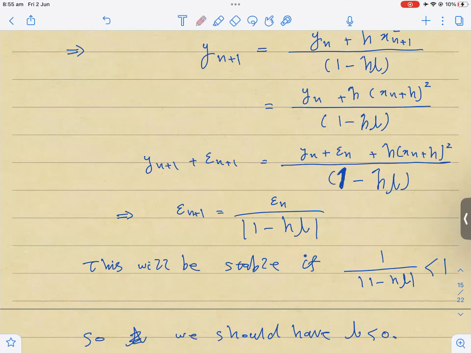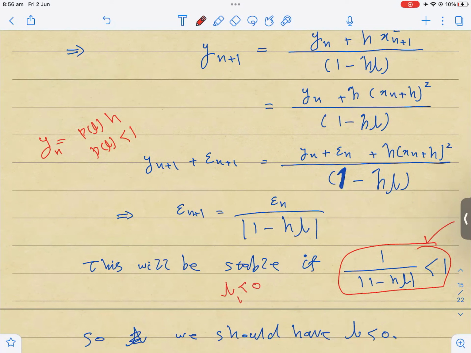So I wrote that y n should be a polynomial in lambda times h. This p of lambda must be less than 1. So here we should have this one, but lambda is less than 0 and h is bigger than 0.